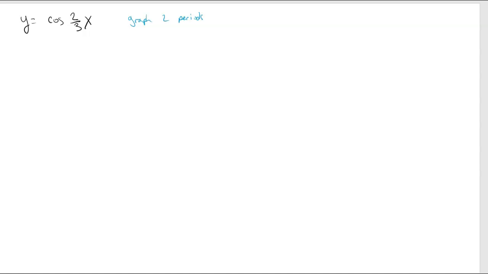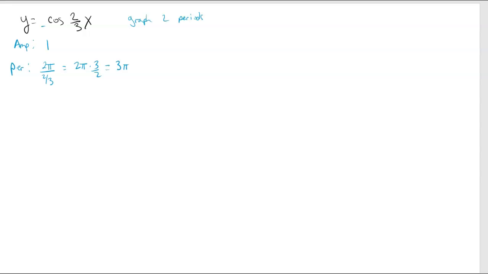Okay, so first thing I'm going to do is figure out my amplitude. There is no number in front of it, so that means my amplitude is 1. My period is going to be 2 pi divided by 2 over 3, which is the same thing as saying 2 pi times 3 over 2, which is just 3 pi.